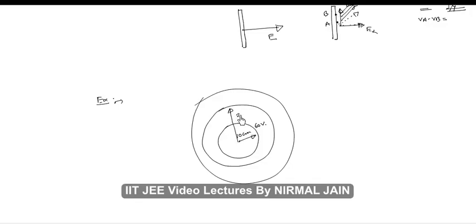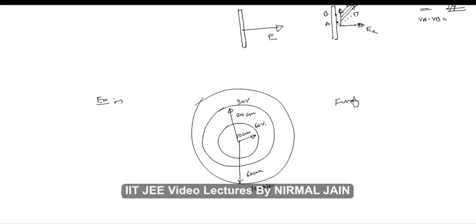The radius of this spherical region is 20 centimeter, and the potential here is 30 volt. The radius of this outermost region is 60 centimeter, and the potential at this surface is 10 volt.